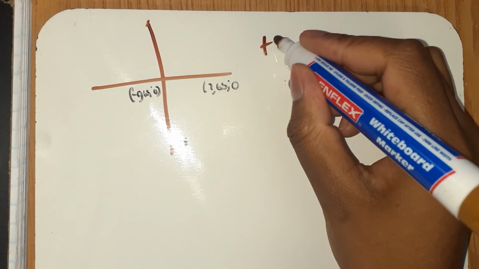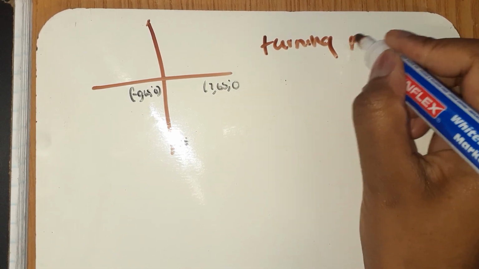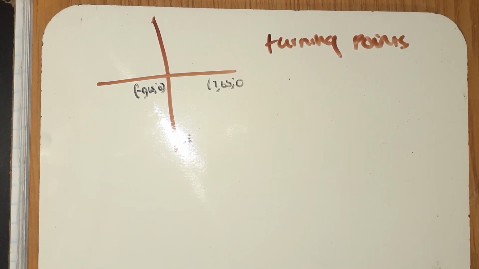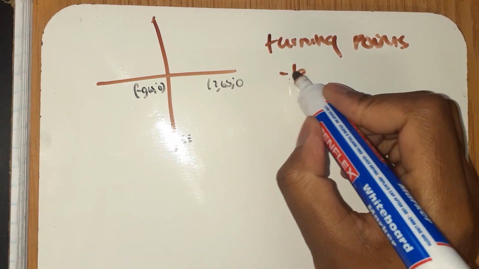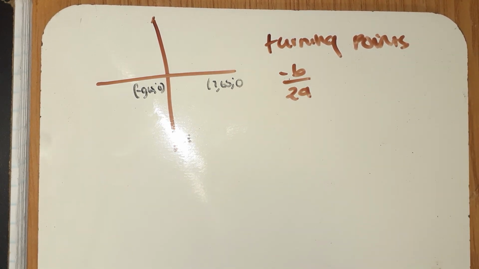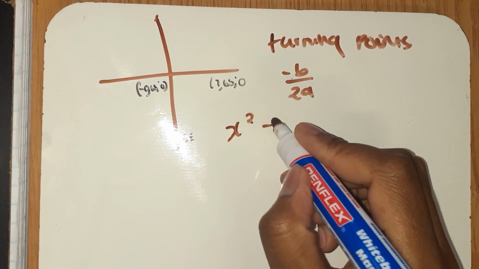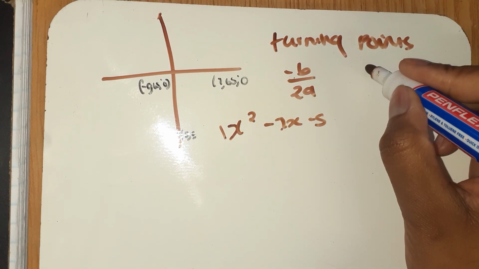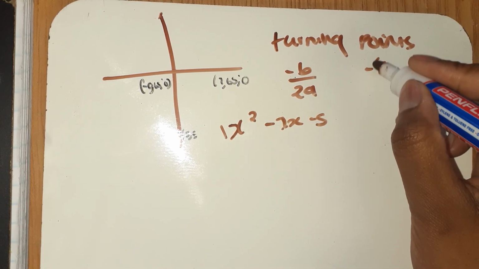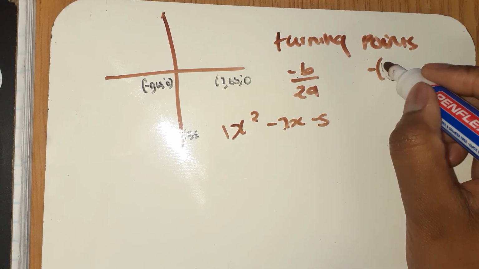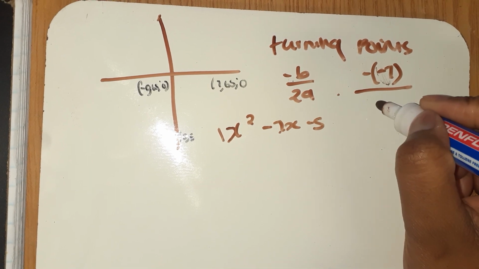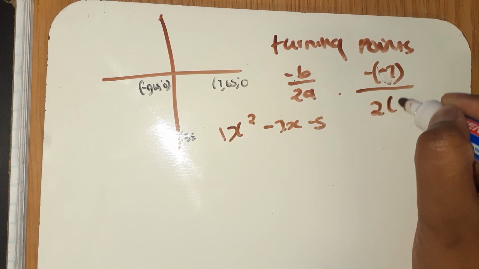Then you also have to get the turning points when you are given this equation. For you to get your turning points, we will say negative b over 2a. From that quadratic equation of x squared minus 7x minus 5, the b is here, the a is 1 here. So we're going to have negative of negative 7, the 7 is also negative in the formula, over 2 into 1.